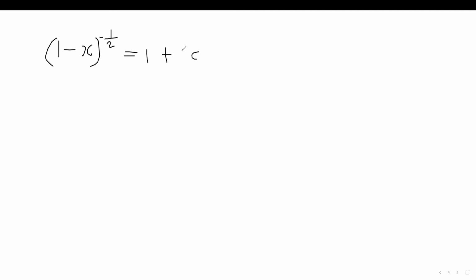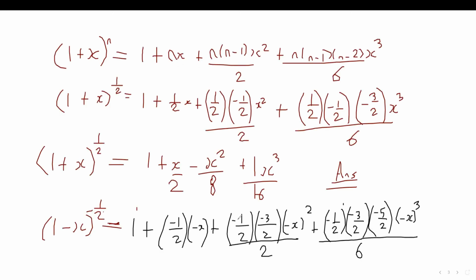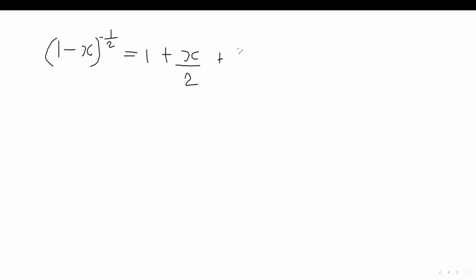It's just calculations, easy, 1 plus x over 2. This becomes minus and minus and minus square, that become positive. 2 times 2 times 2 is 8, so that is 3x squared over 8.